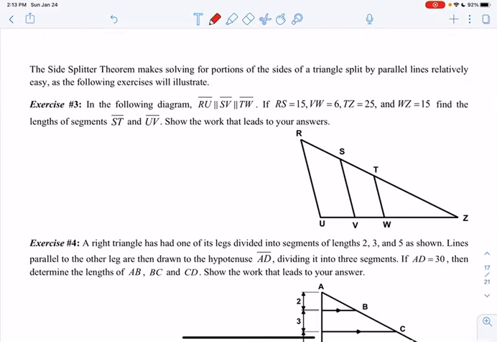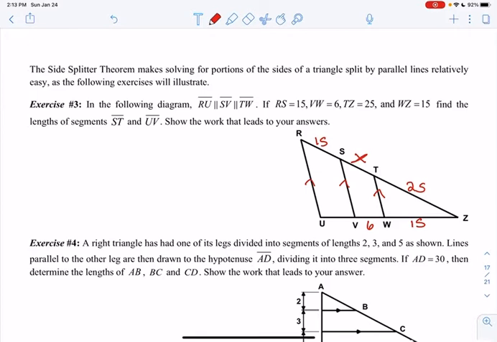So I know that RU is parallel to SV, which is parallel to TW. If RS is 15, VW is 6, TZ is 25, and WZ is 15, they want me to find ST and UV. Well, I'm going to have to do two different proportions.